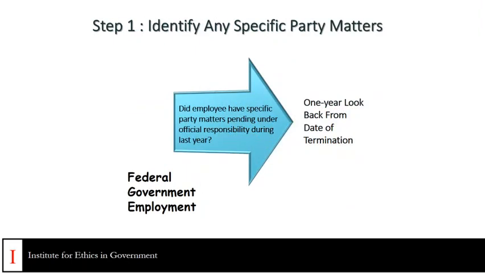So we have to begin by identifying any of those specific party matters that may have been pending. Effectively, 207(a)(2) is a 1-year look back from the date of termination to capture any specific party matters that would have been pending under the employee's official responsibility during that time.